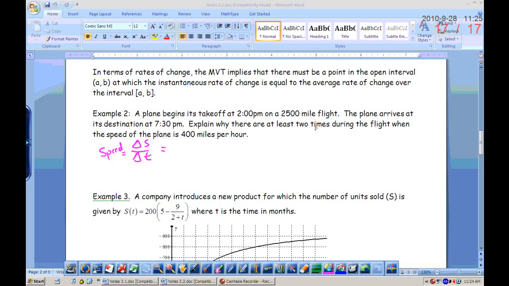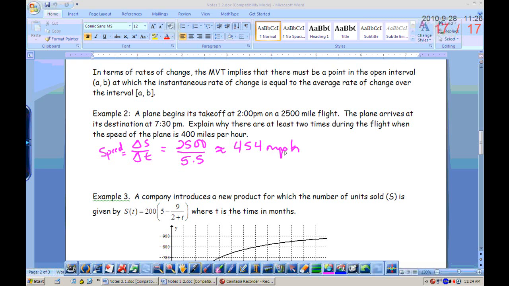How far did we travel? 2,500 miles. And that happened over how many hours? 5.5? What's 2,500 divided by 5.5? 454.5? Okay, so approximately 454 miles per hour.